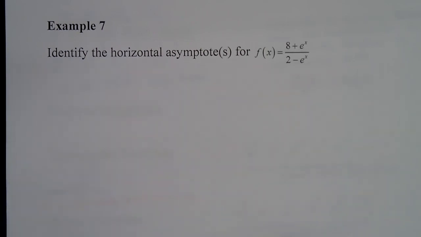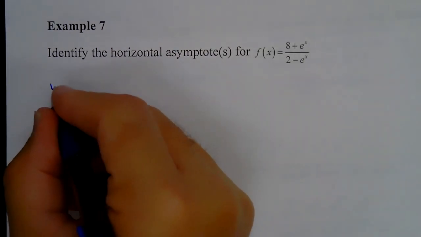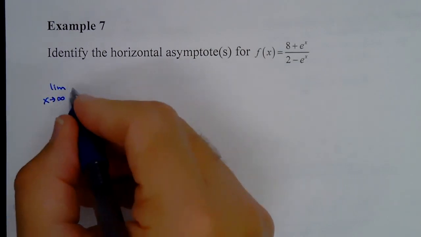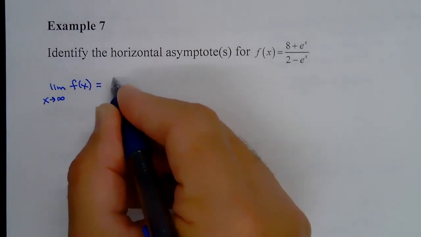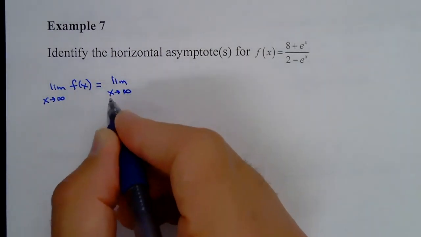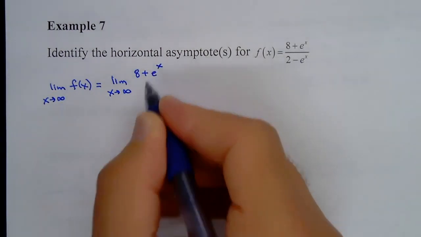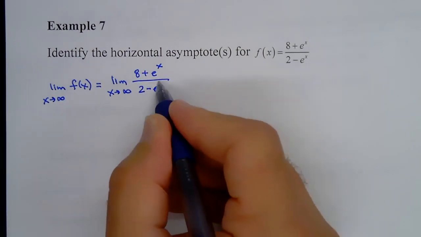Again, identify the horizontal asymptotes. We have to do 2 limits. The limit as x approaches infinity of f of x, and that would be the limit as x is approaching infinity of (8 + e to the x) over (2 - e to the x).